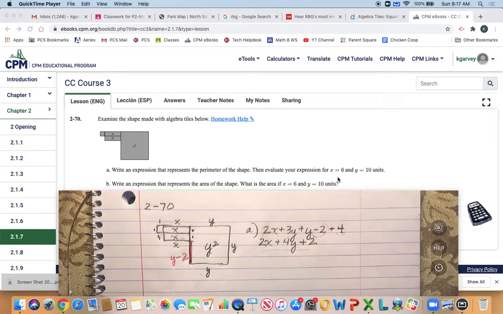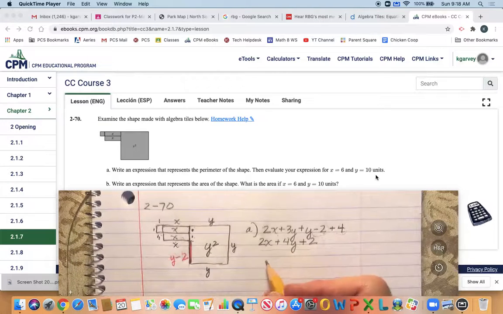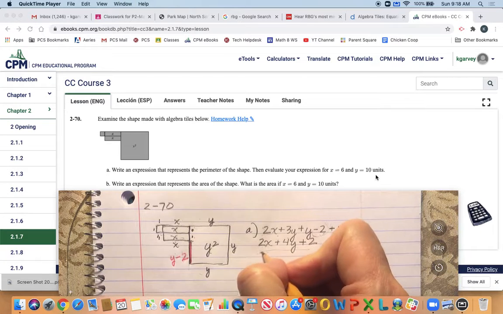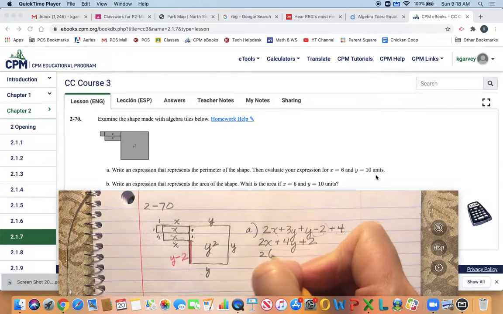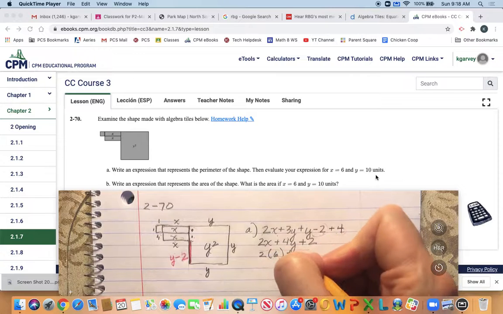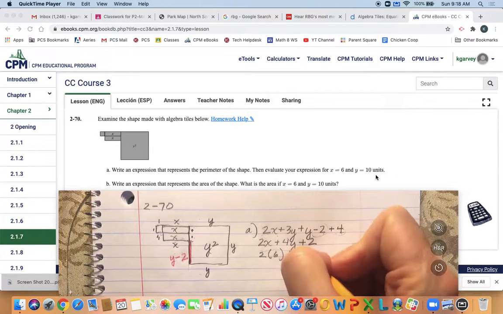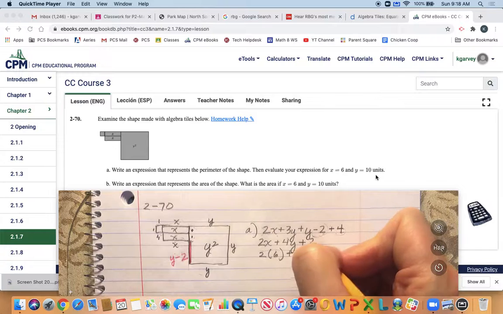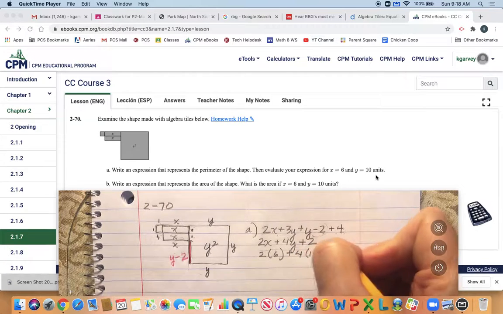Okay, so now I've simplified this expression, and it's going to be a little easier to evaluate it for the values x is 6 and y is 10. Okay, so evaluate, you remember, means that you substitute the values that they give you for x and y instead of having the variables there. So I'm going to rewrite this. 2 times x becomes 2 times 6, because x is equal to 6, plus 4 times y becomes 4 times the value for y, which is 10, plus 2.